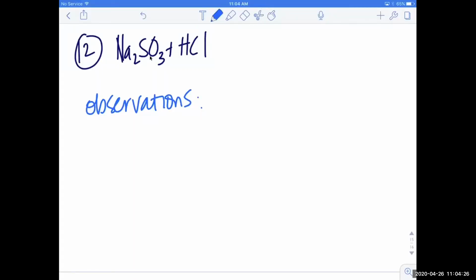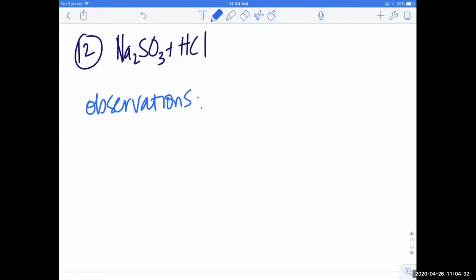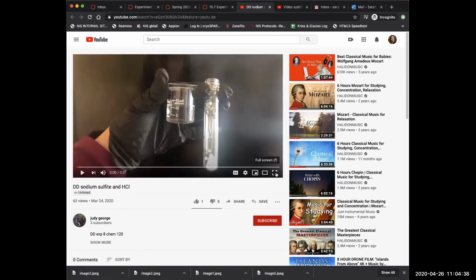All right, so we have our last reaction, sodium sulfite with hydrochloric acid. Remember, this is sulfite, SO3, not sulfate. Let's look at our last reaction.